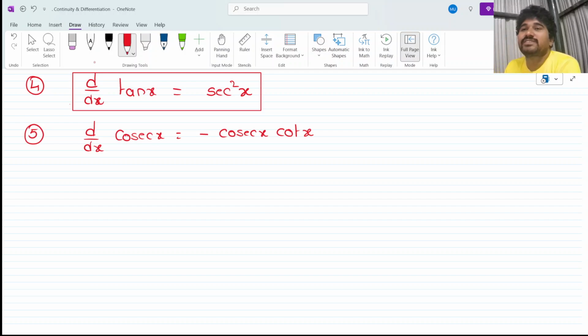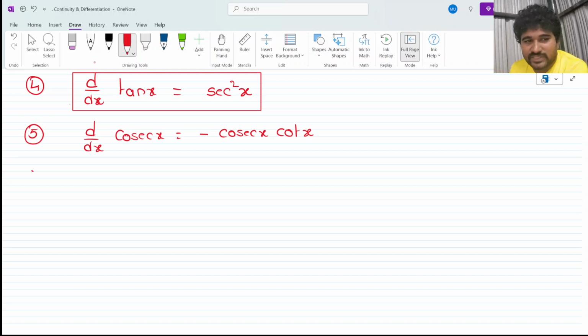Remember the formula. What is the differentiation of cosecant x? Minus cosecant x into cot x. Is that clear for everybody?